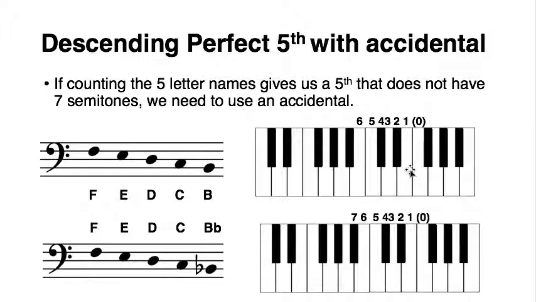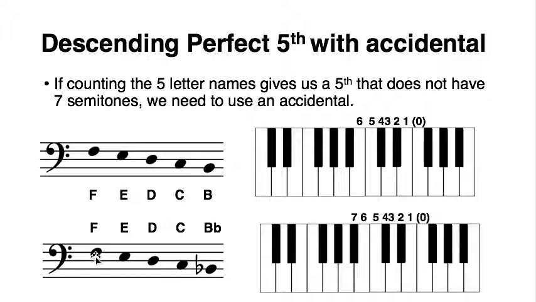If I count the semitones, as I've shown here, I have only 6 semitones between F and B. It's once again that disagreeable or dissonant sound, or at least more dissonant than the perfect fifth. So we need to increase this distance from 6 to 7 semitones, right, by adding an accidental to the second note.